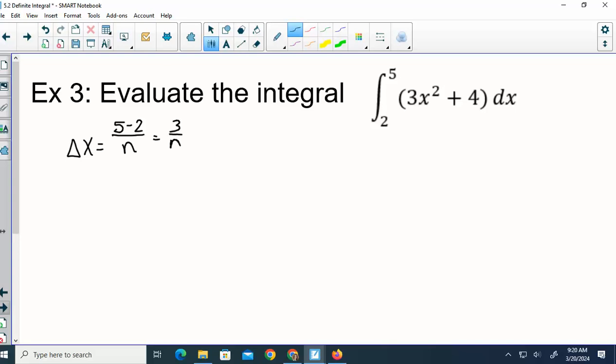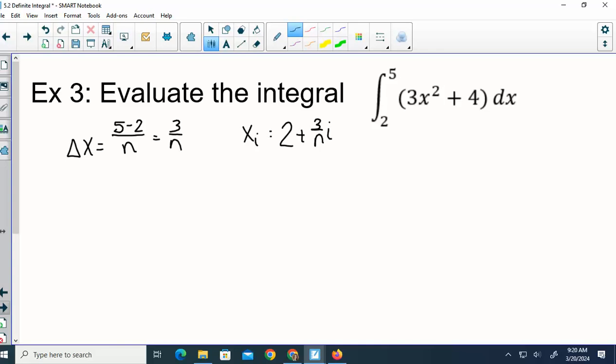So that's 3 over n. What is my x sub i? Your starting point plus change in x times i. Unfortunately, since this one didn't start at 0, it's going to make our problem a little bit uglier as we go through here, because our change in x has multiple terms with it.